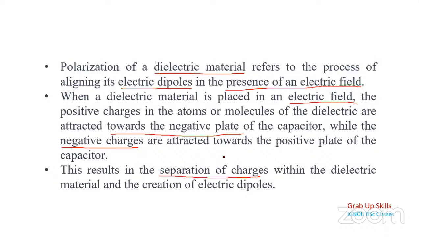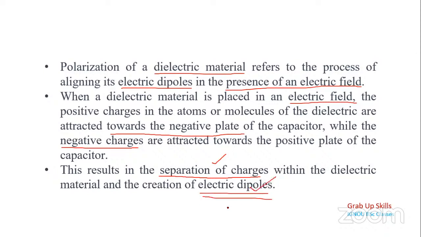The positive charges are attracted towards the negative plate and the negative charges towards the positive plate. In this way, the charges get separated within the dielectric material, and hence it creates electric dipoles.